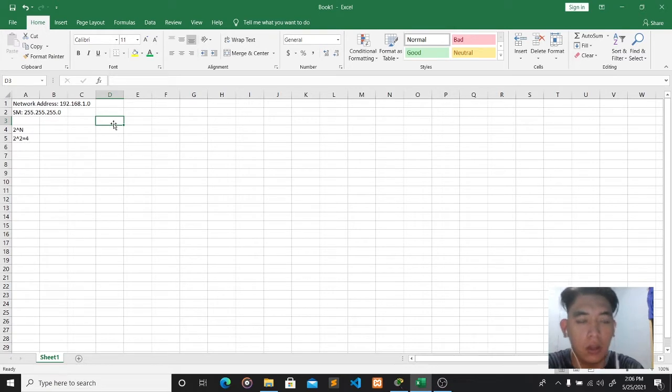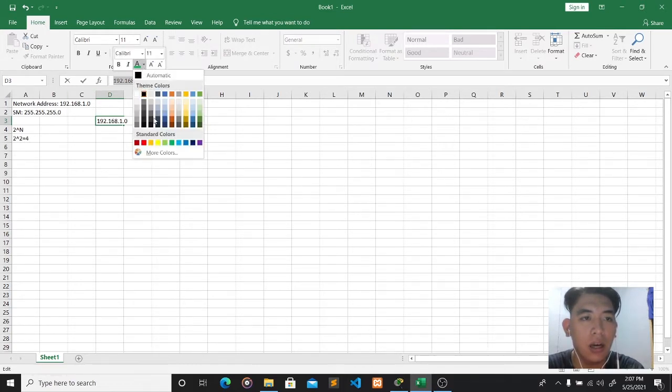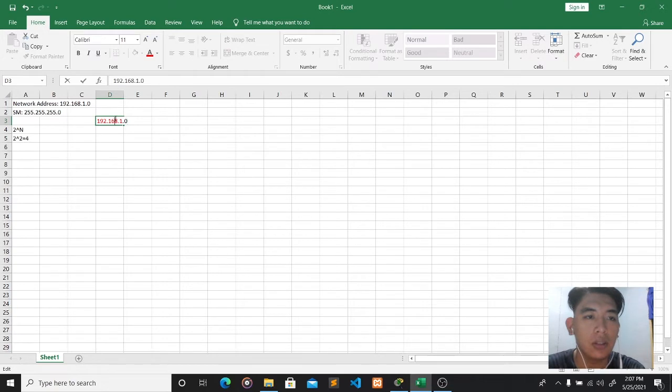Next, let us determine the network and the host portion. Take 192.168.1.0. Since it is class C, the first three octets are automatically the network portion, and the remaining 0 is the host portion.